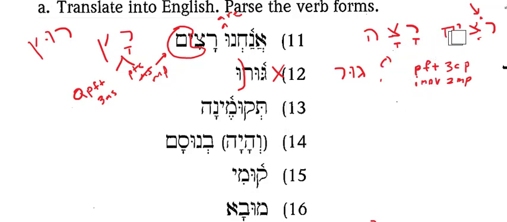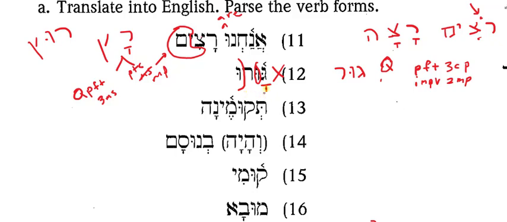Now, I still have to figure out which conjugation pattern it is. Is it the perfect or is it the imperative? So how can I tell the difference? What am I going to look for? We know that it drops out in the cal perfect, the middle. That's right, exactly. The middle vav is never visible in the cal perfect. What vowel am I always going to get? I'm going to get that kamets if it's an active verb. Okay. So it would be gar for he sojourned and garu for they sojourned.